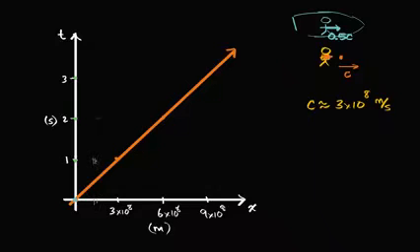So she would have gone about that far. After 2 seconds, she would have gone as far as light would go in 1 second, because she's going half the speed of light. So she would go about that far. After 3 seconds, she will have gone 4.5 times 10 to the 8th meters. So let me put that right over there. And you see where this is going.